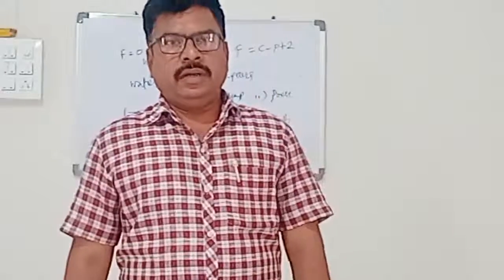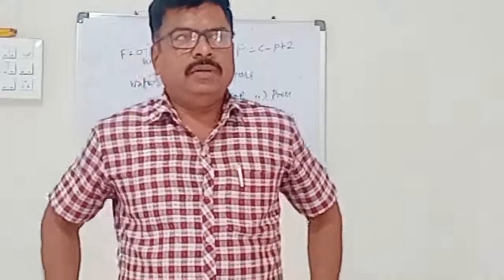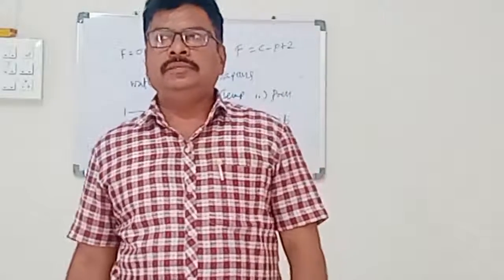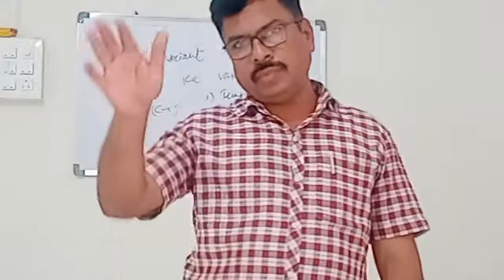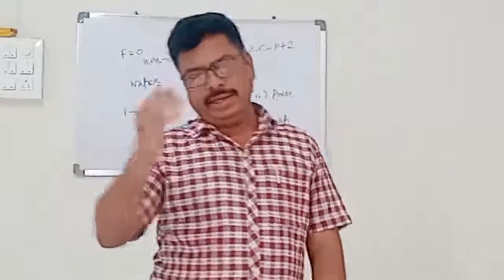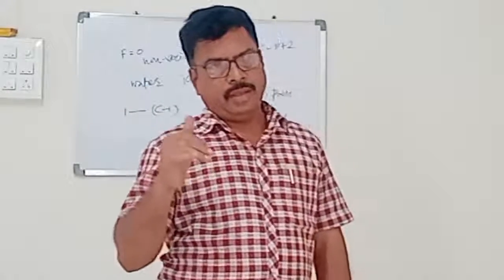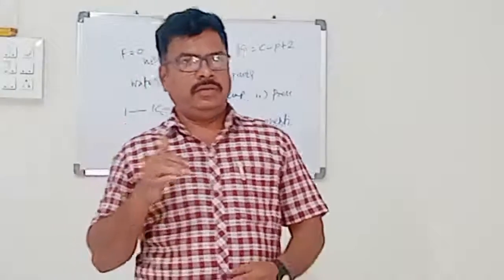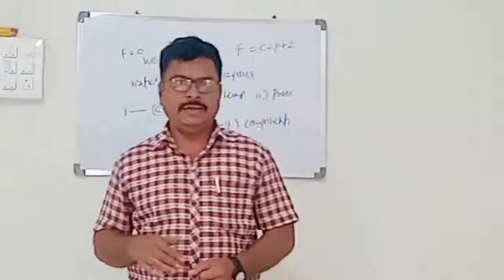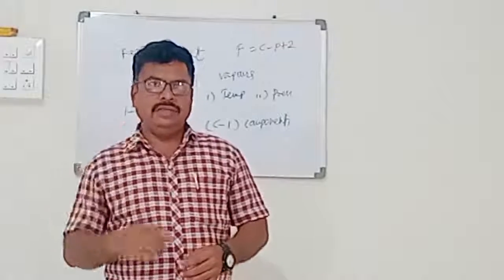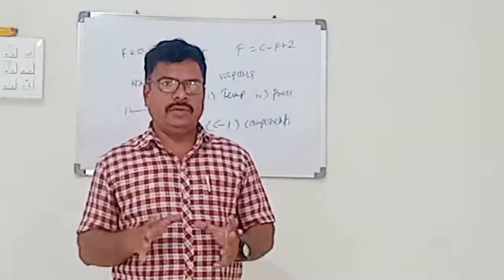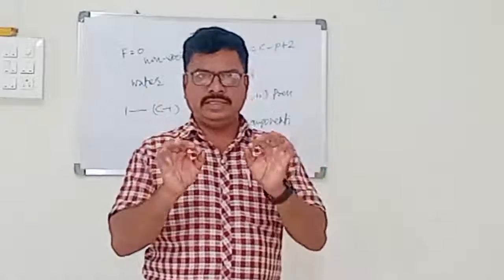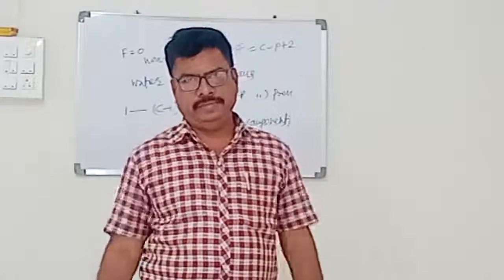Let us consider another important example for the degree of freedom 0. Suppose this system contains water vapors, water and ice. Then all the three phases can coexist in one system at one particular point.